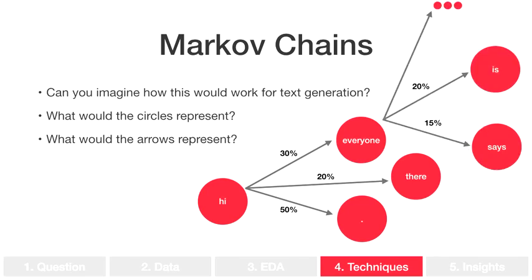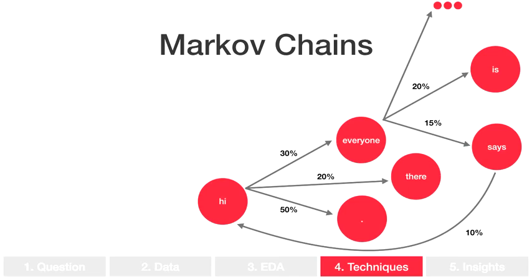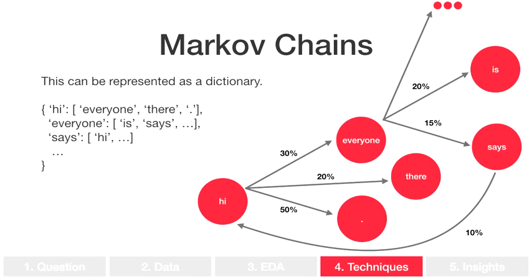It can even wrap around. If this is a word, there's a 10% chance that this is going to be the next word. So the idea of Markov chains is the next state is only based on the current state. Within Python, you can make this a dictionary, where the keys are the current words and the values are a list of the next words.